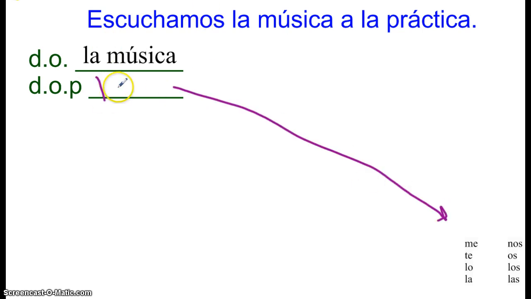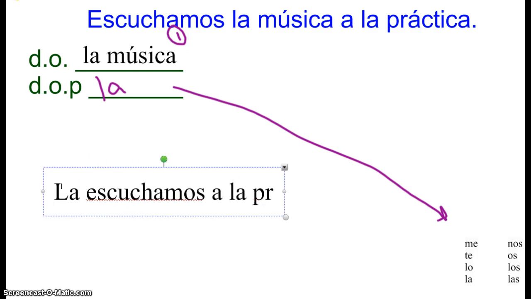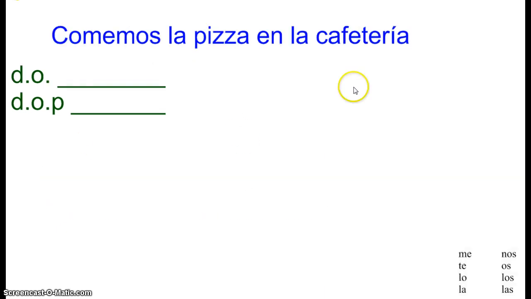So I'm going to choose la, feminine singular. There's only one verb in the sentence, escuchamos. So I'm going to place my direct object pronoun, my la, at the beginning, right before the conjugated verb. La escuchamos en la práctica. We listen to it at practice. The it is music.